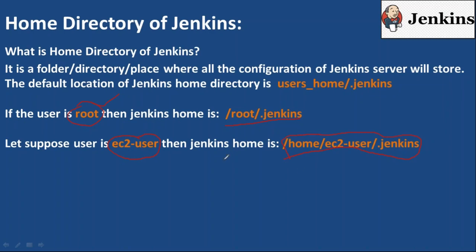So I am going to show these two default home directories. In case you run your Jenkins server as root, this is the default home directory. Other than root, if you run with any user, suppose ec2-user, then this is the home directory of our Jenkins. Let me show these two home directories.